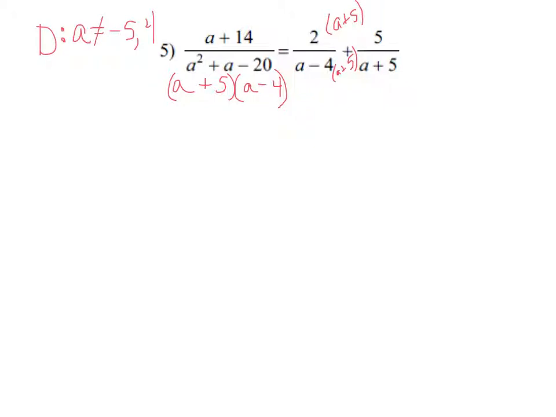The second fraction says I got to have the a minus 4. Okay, this fraction already has the a minus 4, but this one doesn't, so let's take it times the a minus 4. And now I think I have everything covered. I've got the a plus 5 and the a minus 4. So that's the common denominator.